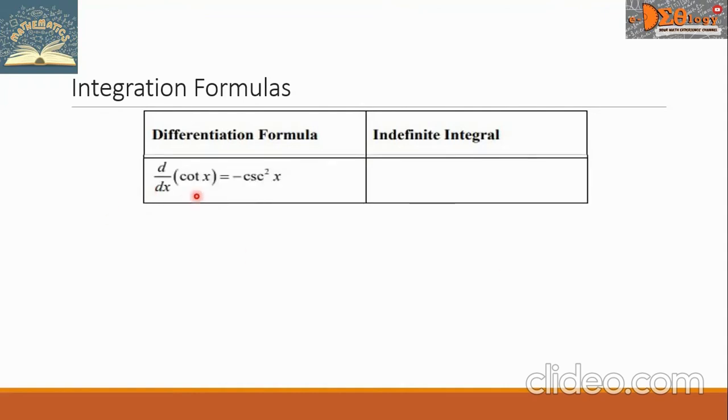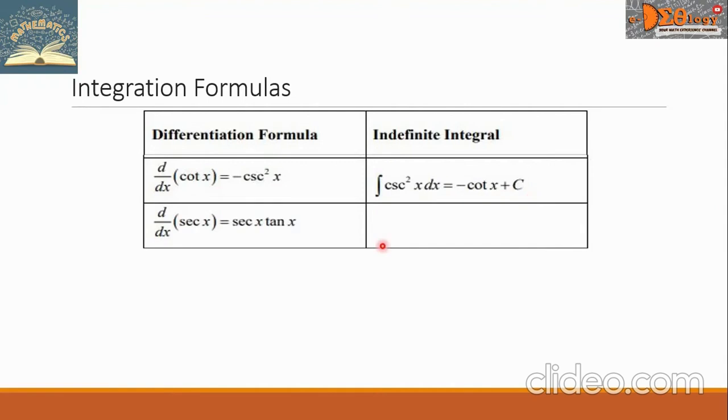The derivative of cotangent x equals negative cosecant square x. The integral of cosecant square x dx equals negative cotangent x plus c. The derivative of secant x equals secant x times tangent x.